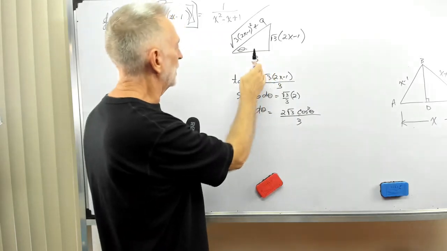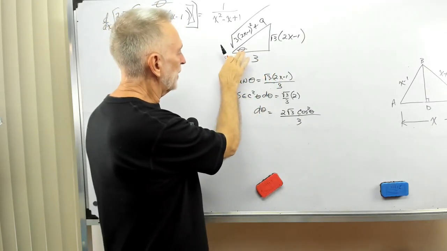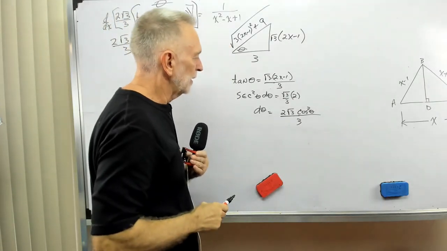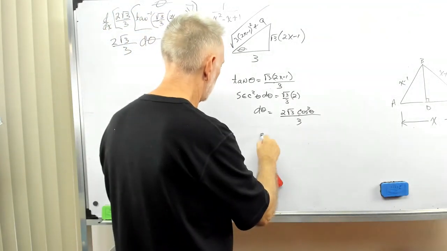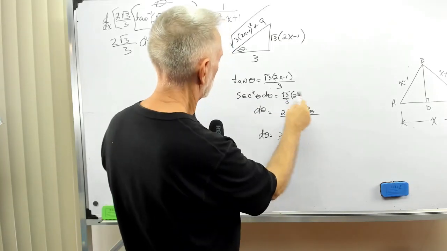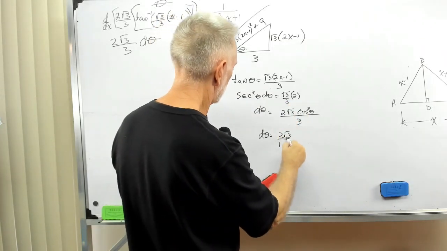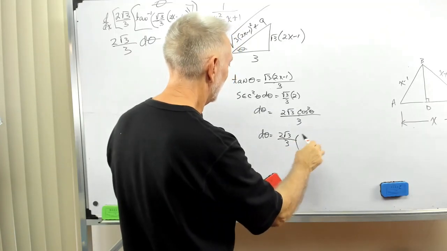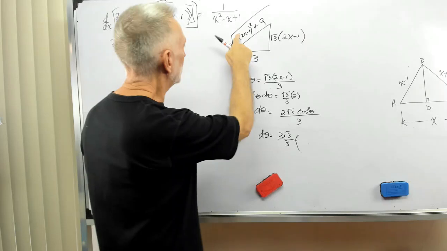Okay, cosine of that angle theta is the adjacent divided by the hypotenuse. So I have d theta equals 2 square root 3 over 3 times what? Cosine is 3 over that.